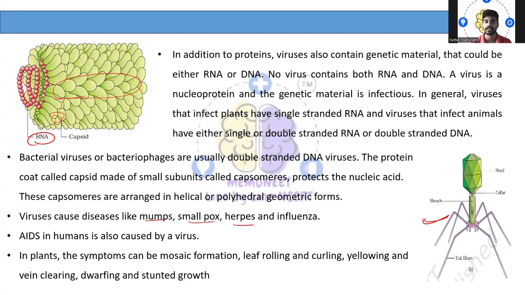In plants, the symptoms can be mosaic formation, leaf rolling, curly structures in the leaf, yellowing and vein clearing, dwarfing, early fall of the leaves from the plant, and stunted growth, that is abnormal growth. That means the plant might have been infected by a virus.